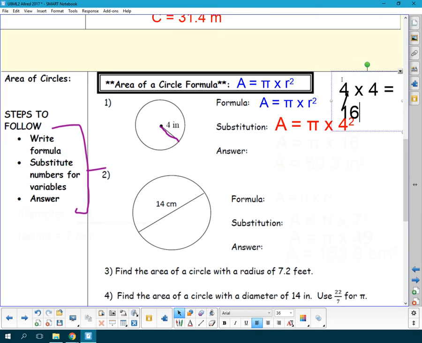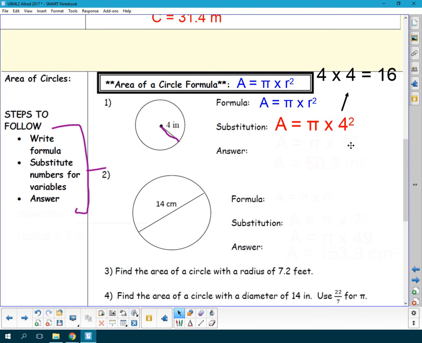If I find pi times 16 on my calculator, it'll tell me that pi times 16 is about 50.26548. If I round to the nearest 10th place, what do I get? That's right, I get 50.3 inches squared. The reason I used inches squared there is because I was solving for the area of this circle, not for its circumference, but instead for its area. I needed to square my units.